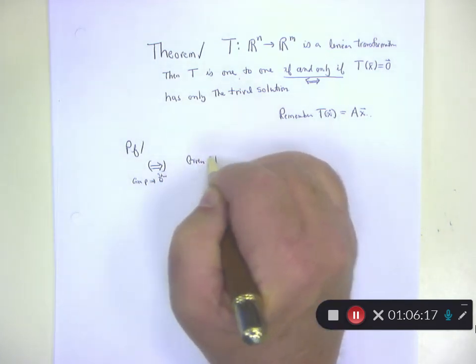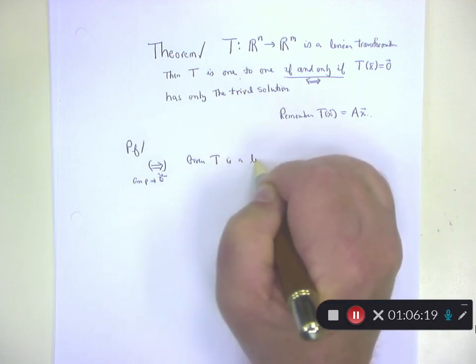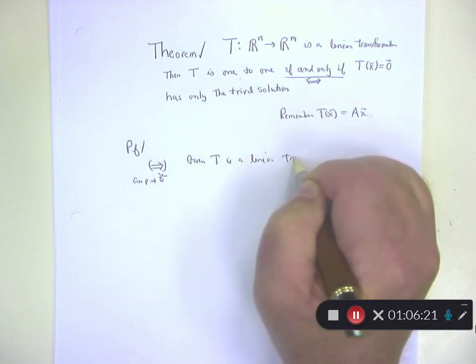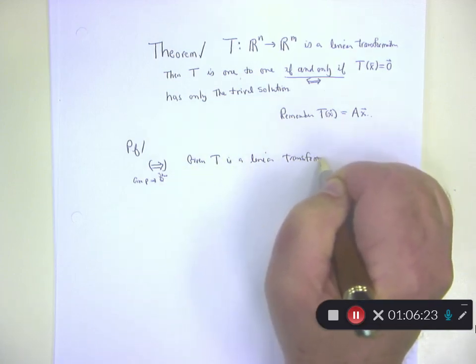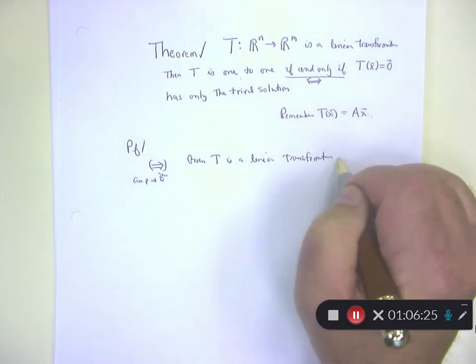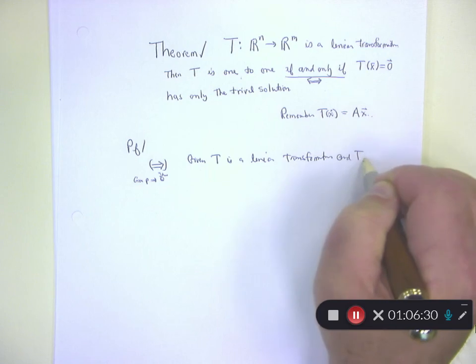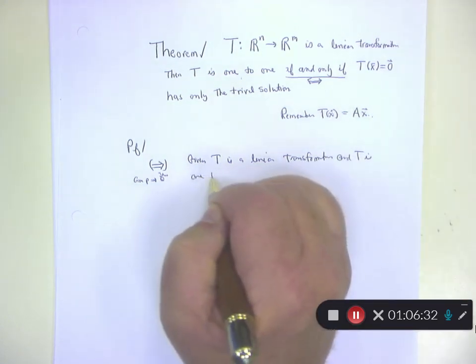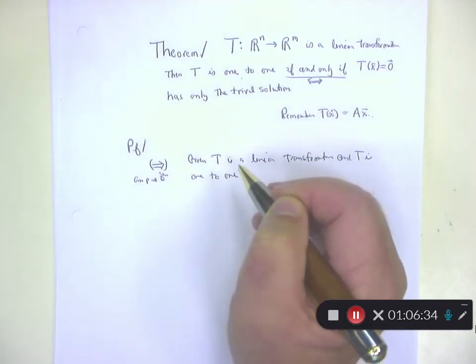Given T is a linear transformation and T is one-to-one.